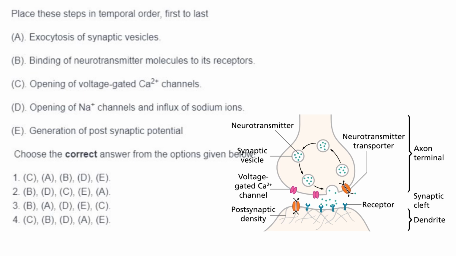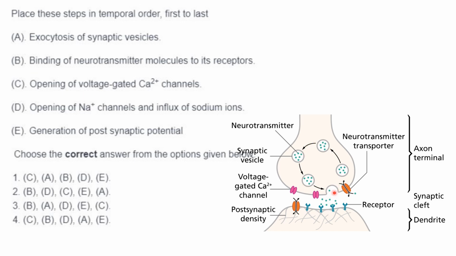Then place these steps in temporal order, first to last. So here they have given the neurotransmission mechanism. Here this is your presynaptic neuron, this is your postsynaptic cell or neuron. These are voltage gated Ca2+ channels. These are the synaptic vesicles.